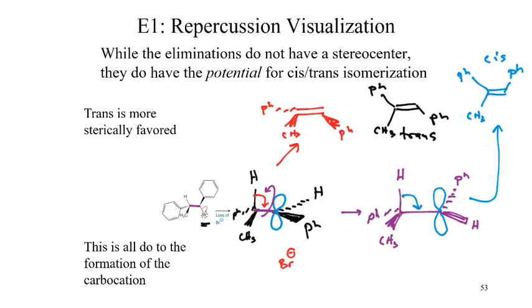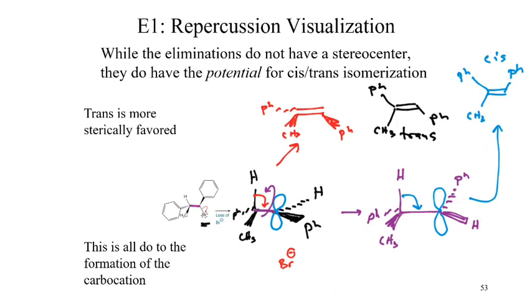So in an E1 elimination, because we have sigma bonds, we have that free rotation. The intermediate formed with that carbocation still allows for that free rotation, so both of these pathways are available to the reaction and to the chemistry.